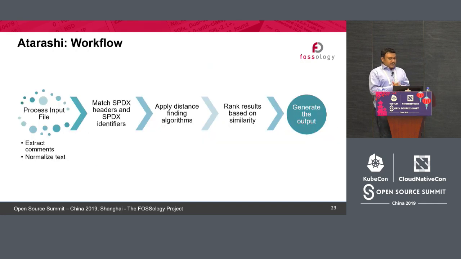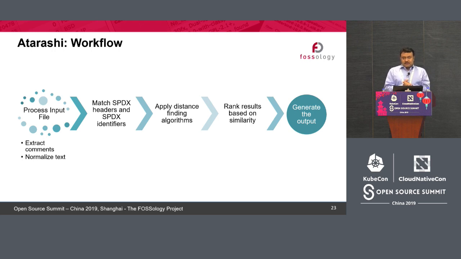How does it work exactly? First we process the input files, that's the files from the library, then extract comments from the file and normalize them, and then apply different distance algorithms.